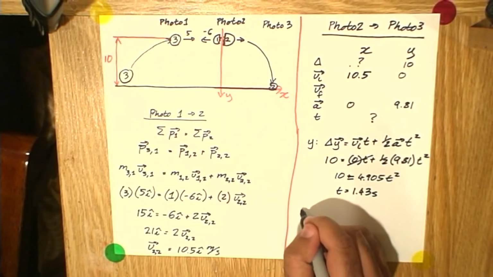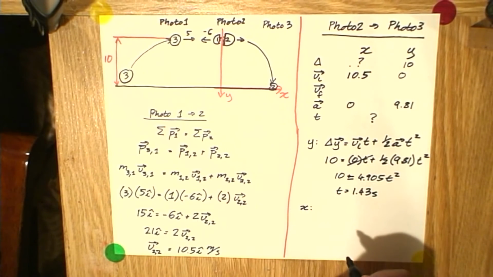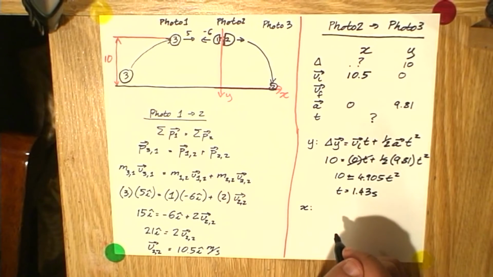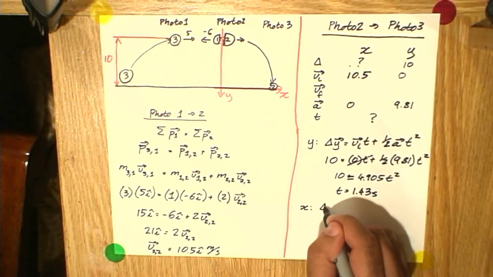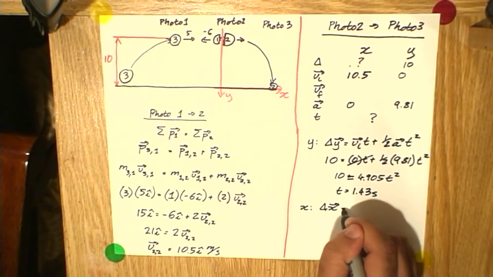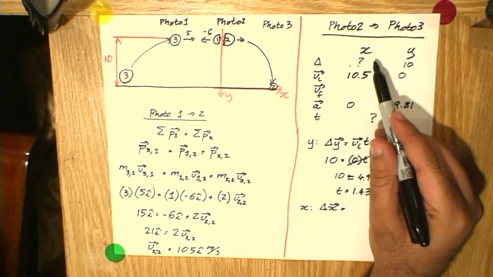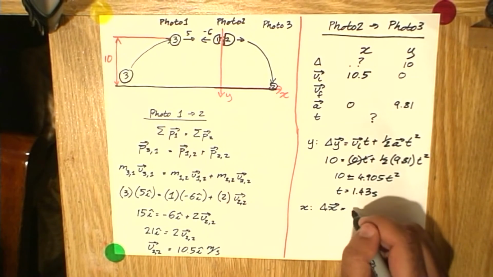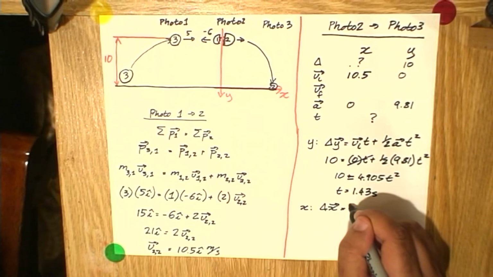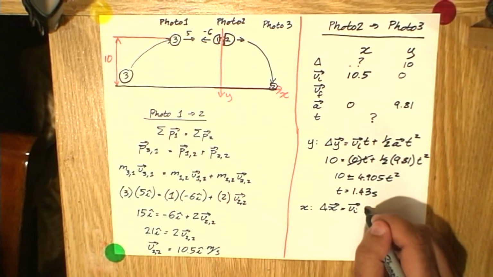Okay, now what about the x direction? In the x direction, the displacement is the unknown, but we know the time, the acceleration, and the initial velocity. So we can use all this information, again using toolbox equation number 2, to solve for delta x.